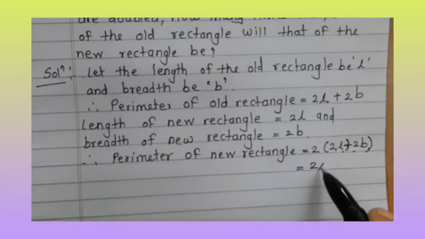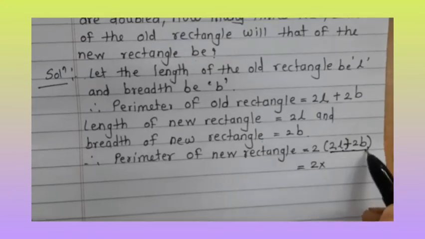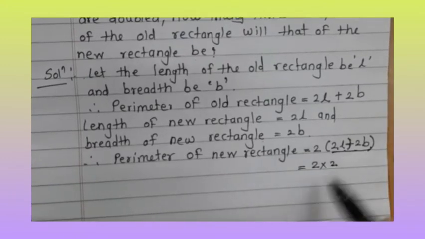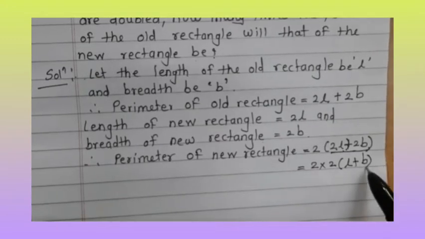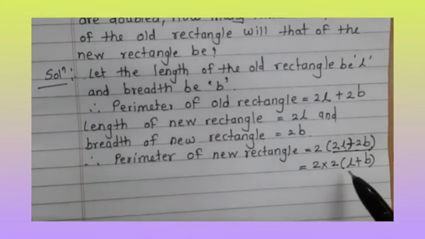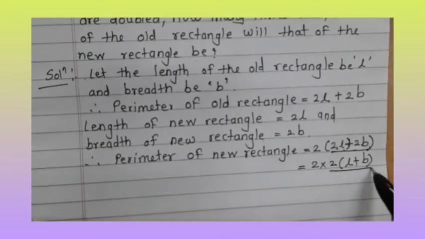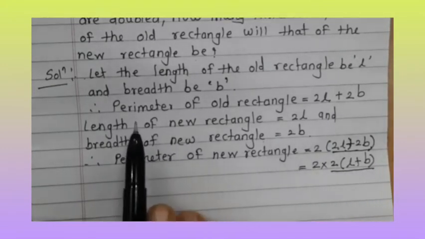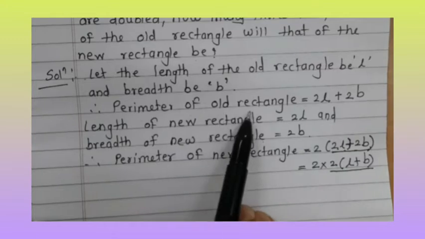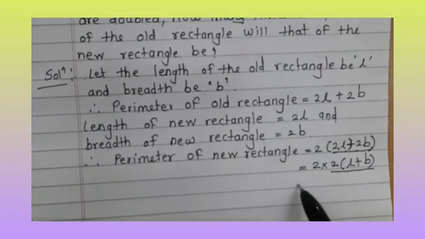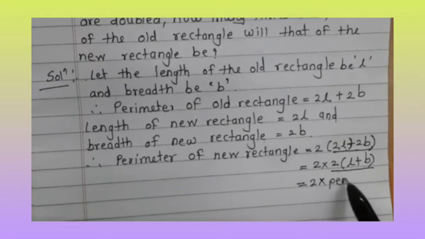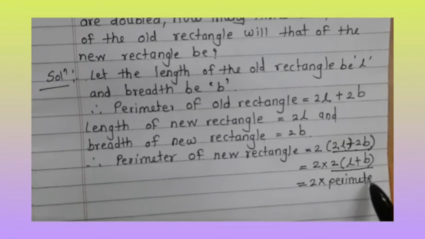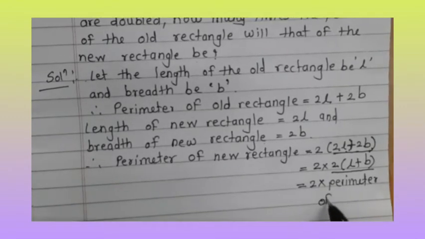Now here, from these two terms we can take 2 common. So what is left out? Length plus breadth. Okay, and if you observe that 2L plus 2B, it will be nothing but the perimeter of old rectangle. So how I can write it as 2 times perimeter of old rectangle.